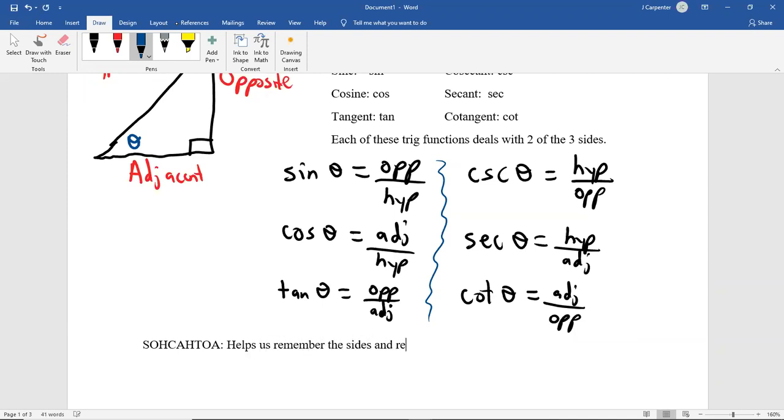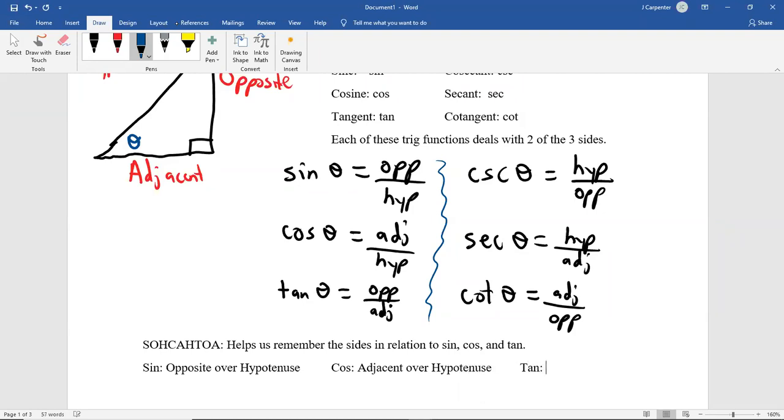sides and relation: sine, cosine, tangent. Sine, let me use the abbreviations, is the opposite over hypotenuse. Cosine is the adjacent over the hypotenuse.